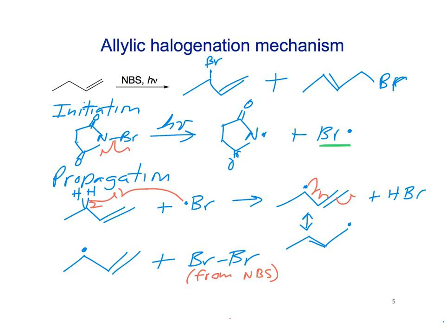With our propagation step, is the terminal or the internal alkene the more favored resonance? Okay, so the question is, if we have these two resonance forms, in this next step is it going to be favored to brominate, do we get the left product or the right product? I think we're not going to really try to predict that so much. We're just going to say we can get a mixture of both.